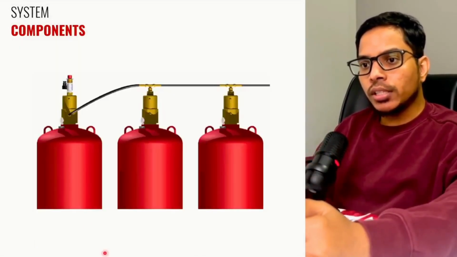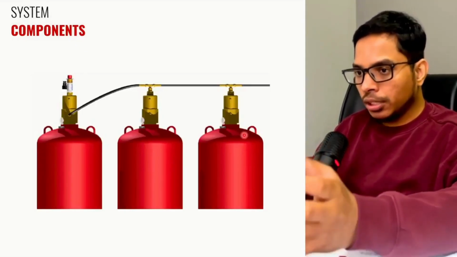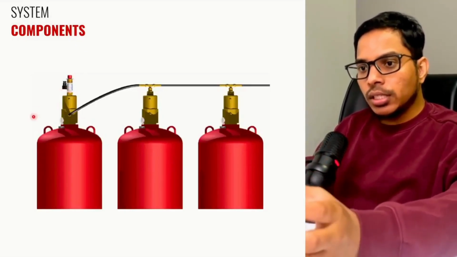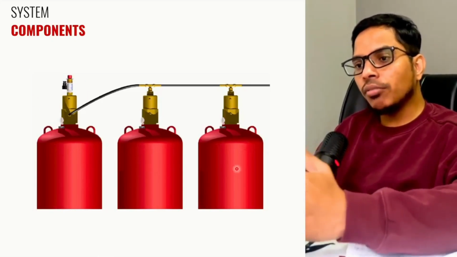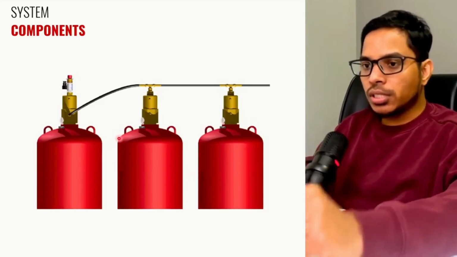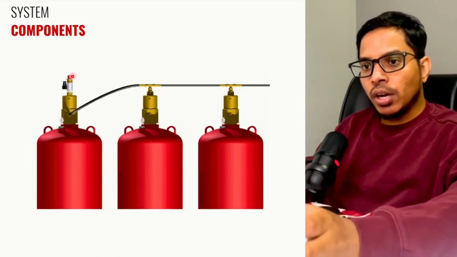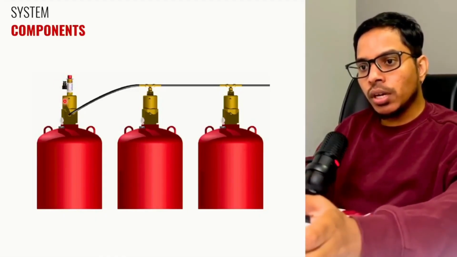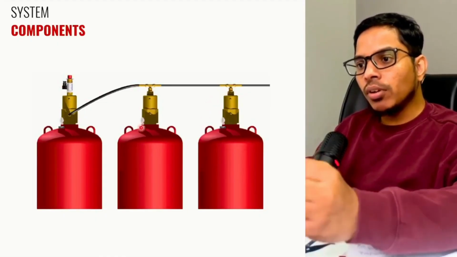So if you look at this particular slide, you can see this will be the second option. If you have multiple containers, in this you will have a main cylinder and the others will be like slave cylinders. How the system will activate? The main cylinder will have the manual actuator and electrical actuator, and there is a pilot tube which will be connected to the slave cylinders.